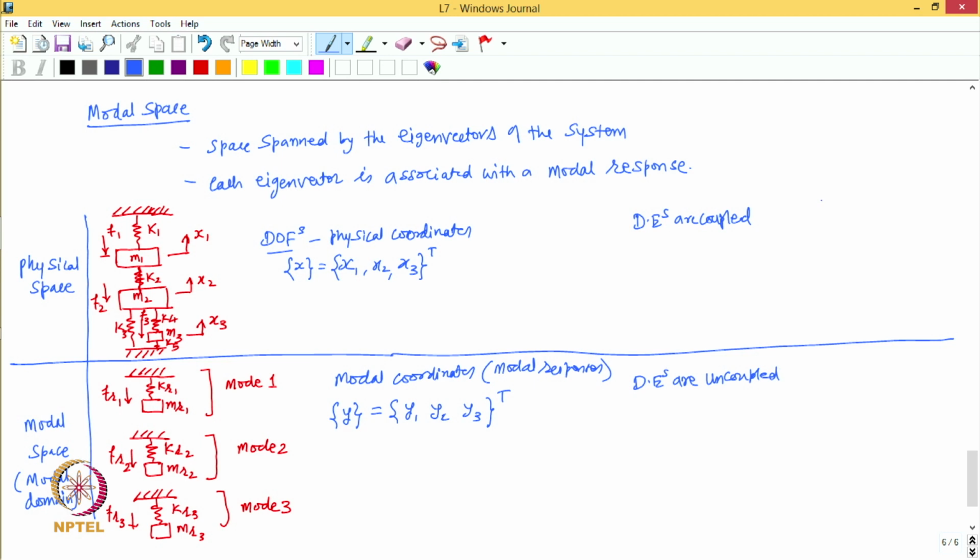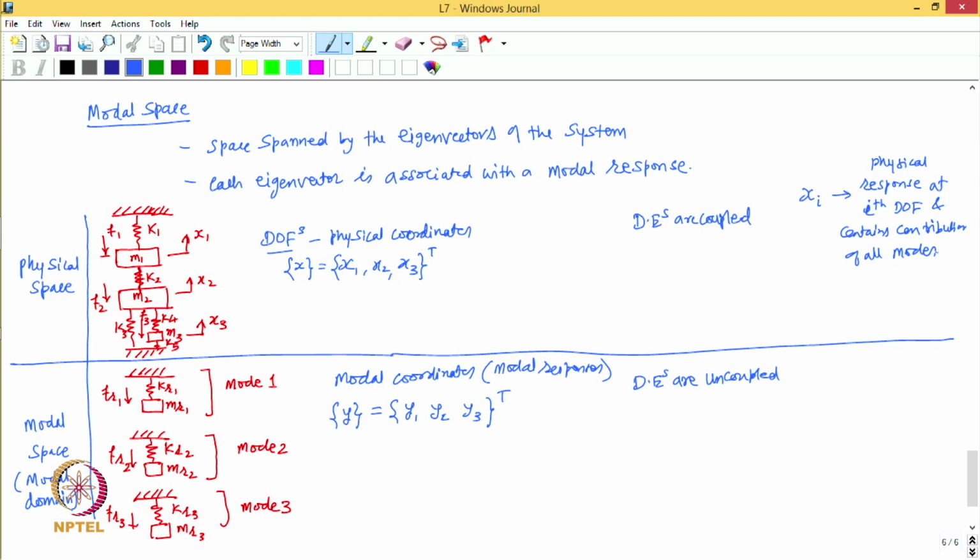Another thing is that if I look at any particular physical coordinate, say xi, this xi tells us the physical response at the ith DOF, and contains the contribution of all modes.